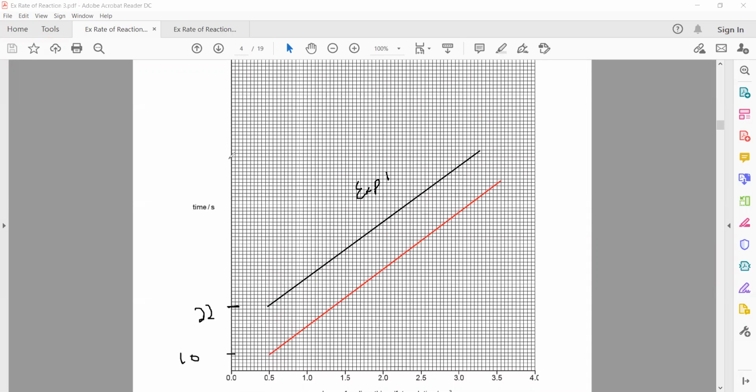In the same way, when the volume was 3, it was taking 126 seconds for the color to appear, but at a higher temperature, it will take less than that. So experiment 2, the faster experiment, also shows the same trend but takes less time. That's why the line will be below. Is it clear? The first experiment is the slow experiment, and the second is the fast experiment.